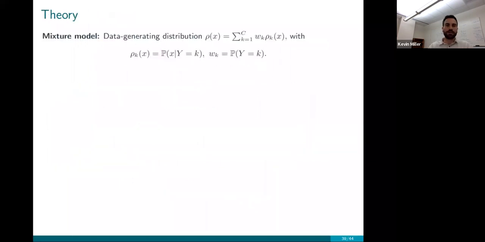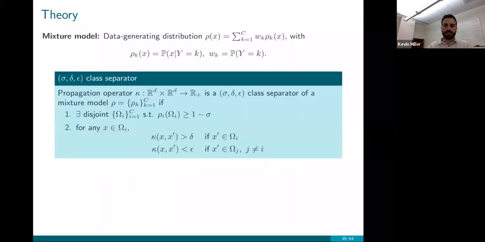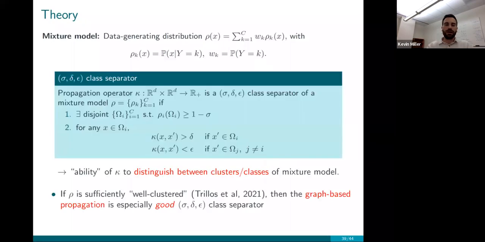I see we're running out of time. I'll end with this slide, which is showing our theory. We assume that we have a mixture model where our density rho is a sum of these class conditional distributions weighted by the class marginals.